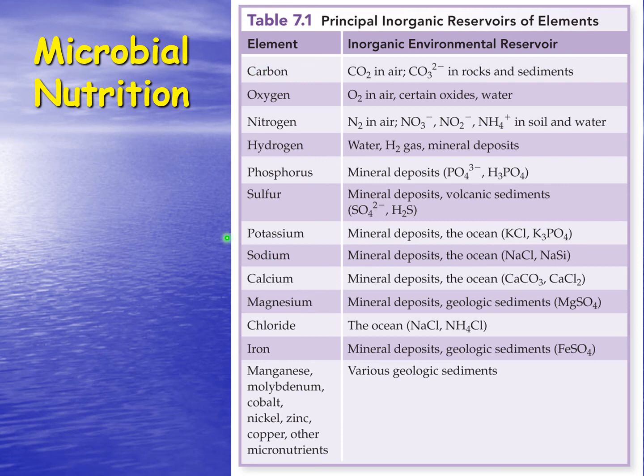All of these are primarily macronutrients. And then we need iron. In humans, iron is considered to be a macronutrient, while in other organisms, it's a micronutrient. And then these others down here that have various functions in the body are usually micronutrients.